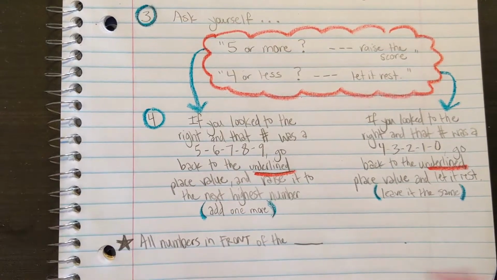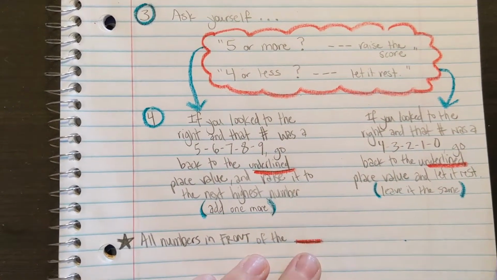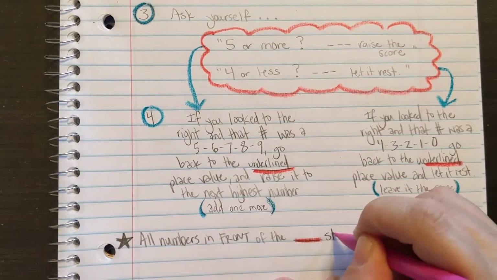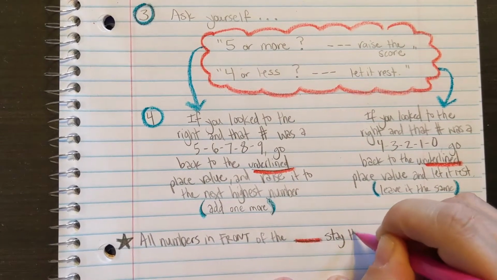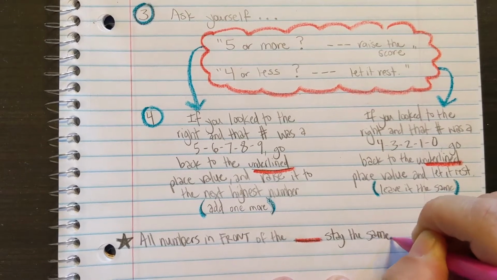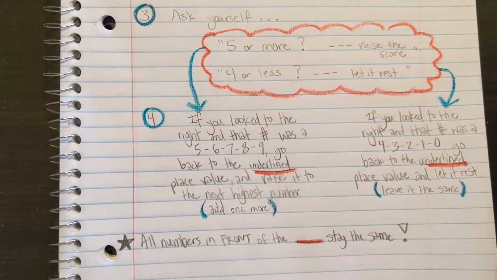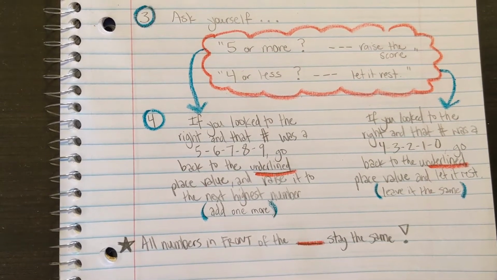All numbers in front of the underline number, we'll just put it like this, stay the same. It's really important, okay? All numbers in front of the underline stay the same.